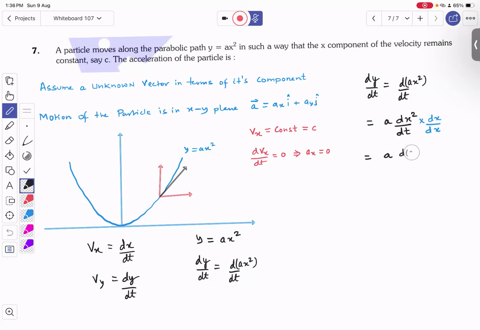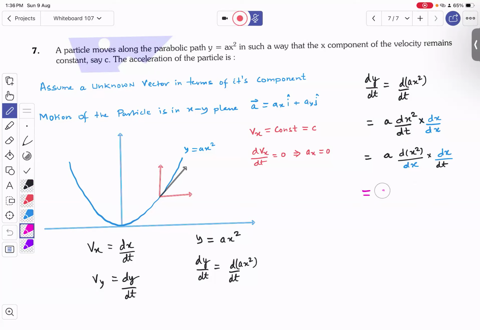So we get differentiation of x squared with respect to x, times dx by dt. I'm using color coding here. I hope you got the point here, no? What happened? This blue one here, this black one here, clear? After this, it is solvable, no?